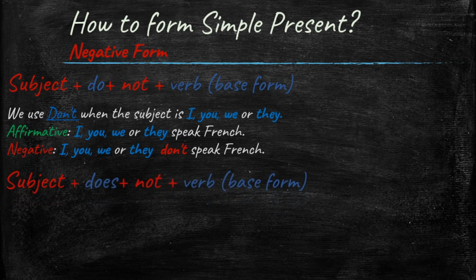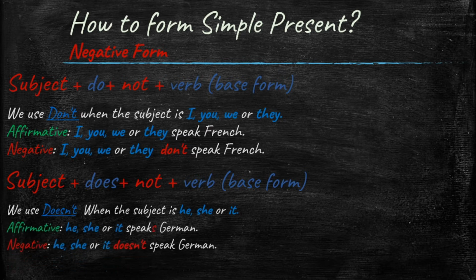But when the subject is in the third person singular, for example, he, she, or it, the sentence structure is subject plus does plus not plus verb in the base form. For example, he does not speak German. She does not speak German.